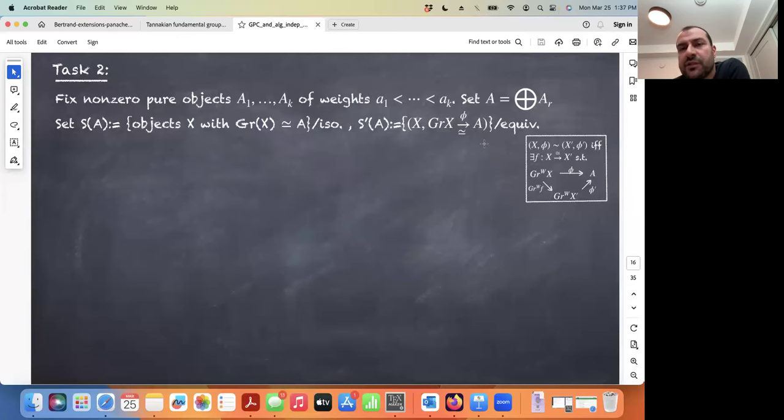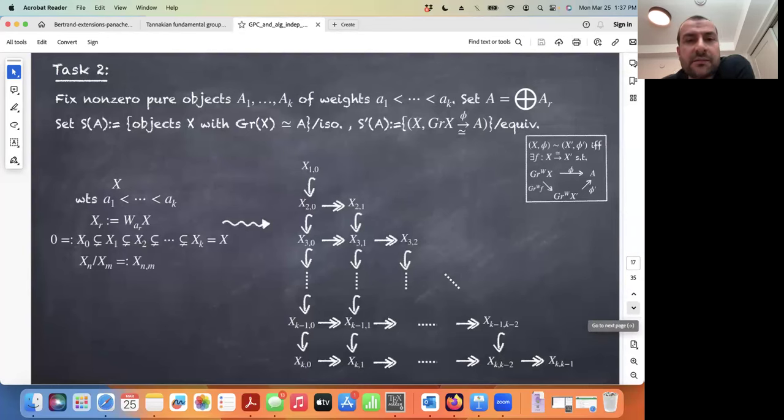It's the obvious notion of equivalence: if I have 2 pairs like that, an isomorphism from X to X prime that translates this phi to phi prime. Okay, so S prime is about the equivalence classes of the pairs, and S, which I find more interesting, is really about the isomorphism classes of just objects. Okay, so those are 2 things that we're interested in.